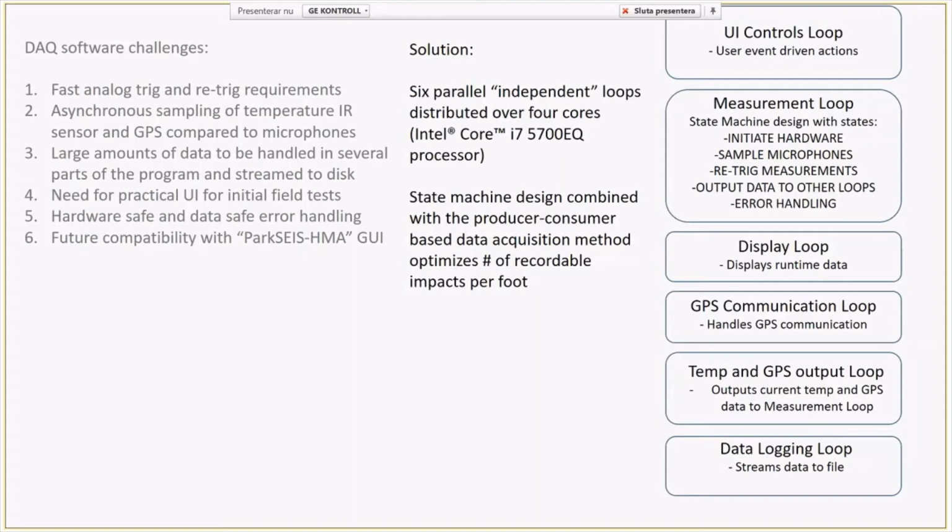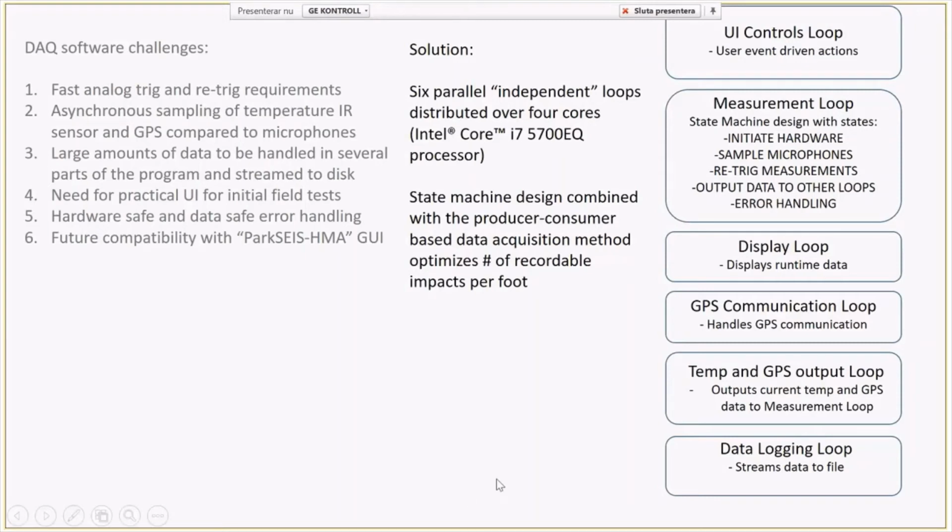We also have a separate display loop that displays data whenever data becomes available, and we have a GPS communication loop, a temperature and GPS output loop, and a data logging loop that streams data to the hard drive as fast as it can whenever data becomes available.